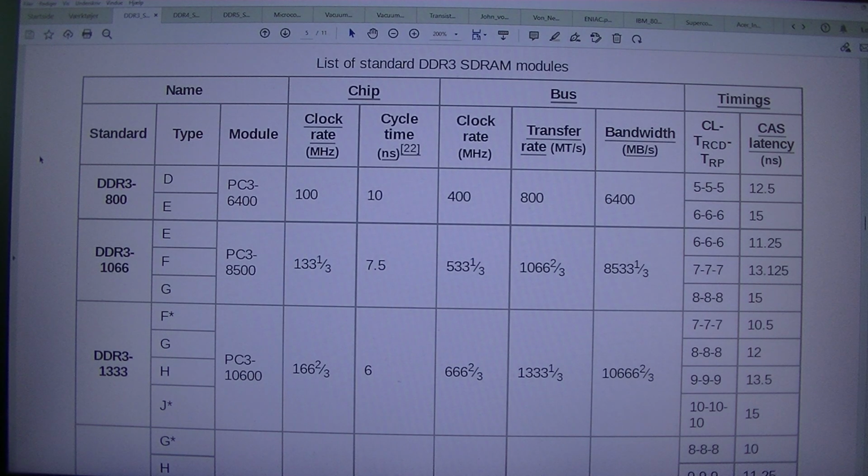Name, standard, memory clock rate in megahertz, cycle time in ns, I/O bus clock rate in megahertz, data transfers per second in MT/s, module name, peak transfer rate in MB/s, timings CL-tRCD-tRP, CAS latency in ns. DDR3-800, PC3-6400, 5-5-5, 12.5 ns; DDR3-1066, PC3-8500, 7-7-7, 13.125 ns; DDR3-1333.